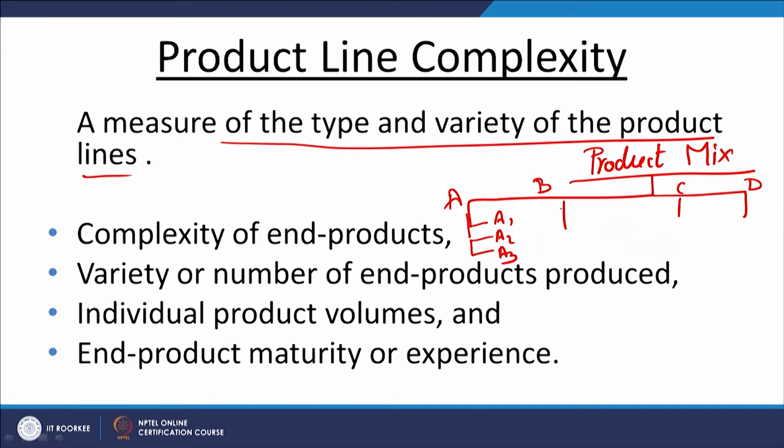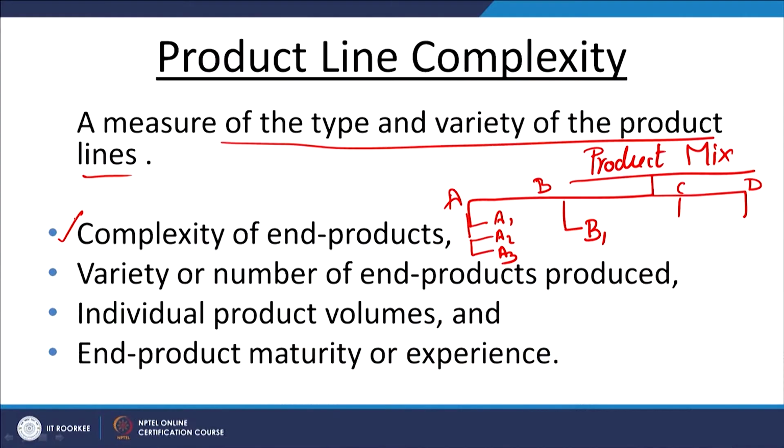But if you are making a product where only one variant, B1, is good enough, it means less complex product lines. So, whether your end products are complicated, and require different types of variants, is another measure of complexity of your product lines.